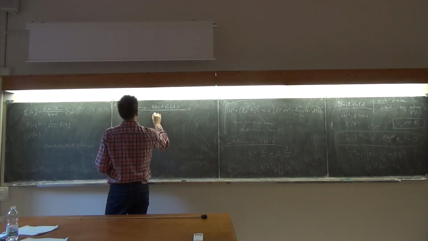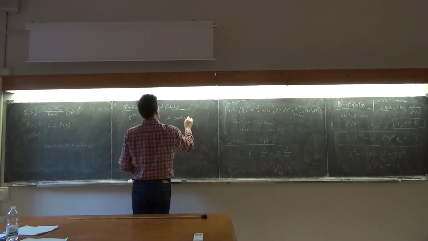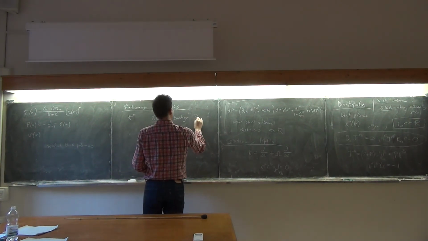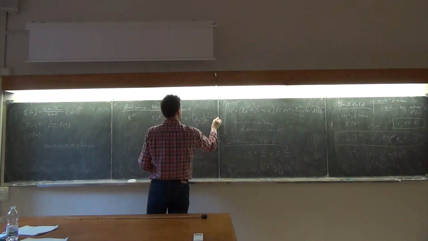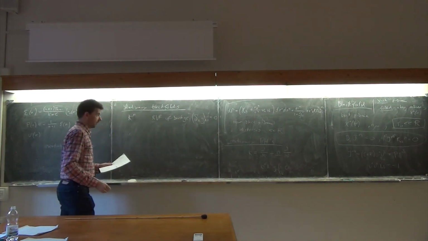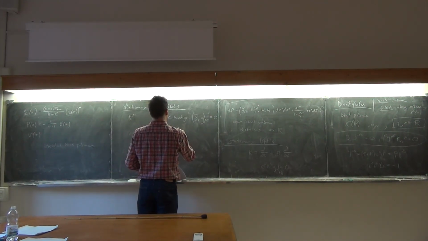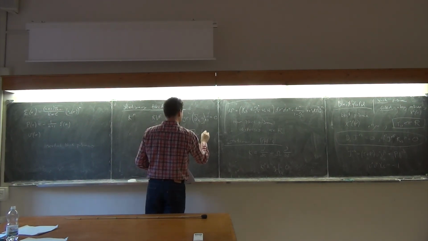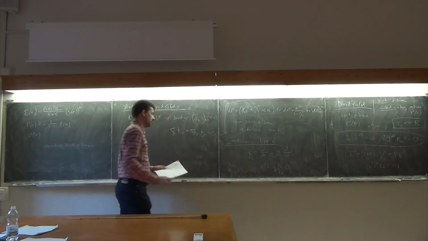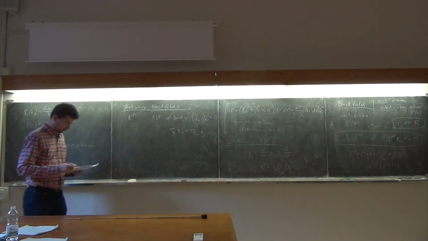Then it should be a Killing vector field of the background, so it should obey the Killing equation with respect to the background metric, which we can also write like this. It's just another way to write that equation, where you use the covariant derivative with respect to the background metric.